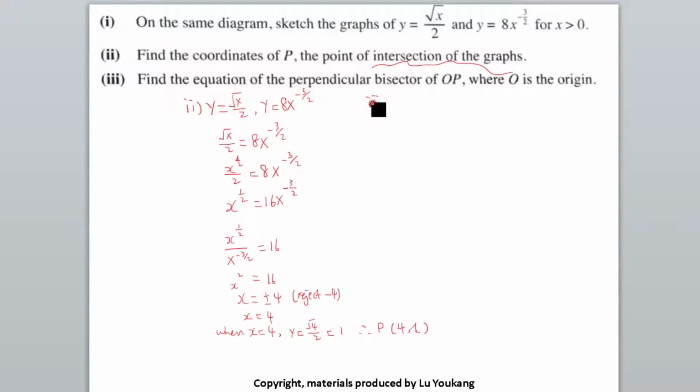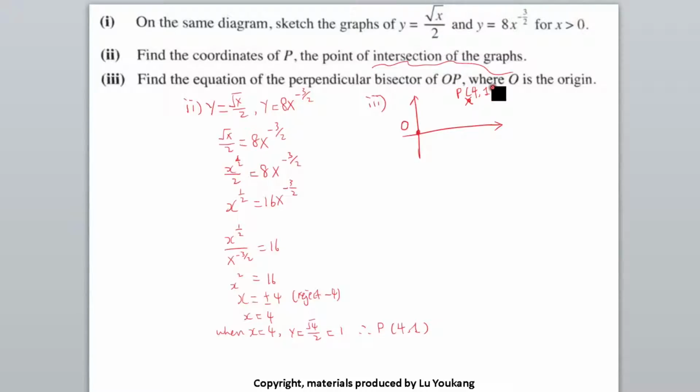Now let's find the equation of the perpendicular bisector of OP, where O is the origin. In order to do this kind of question, please try to sketch out how it should look like. If not, you will not understand it clearly.